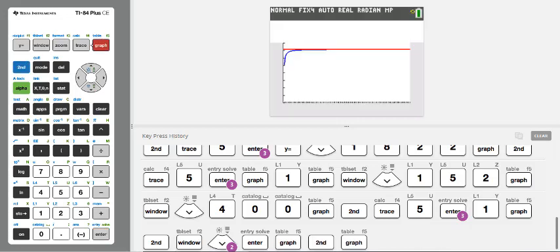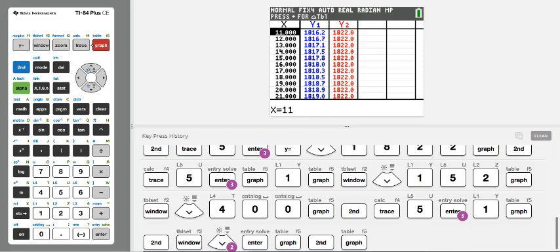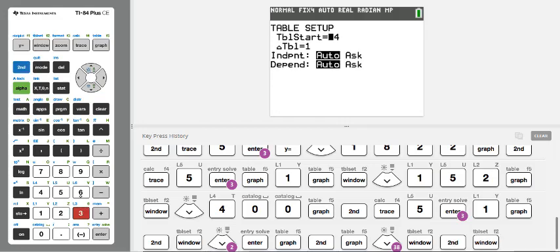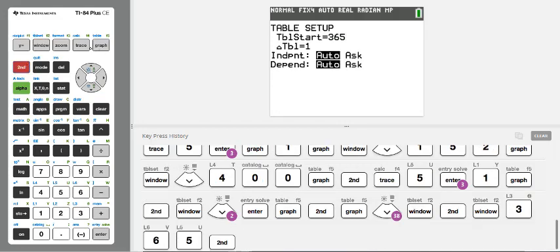Oh, let's go to table. Let's go to table set, go 365, and then look at the table.